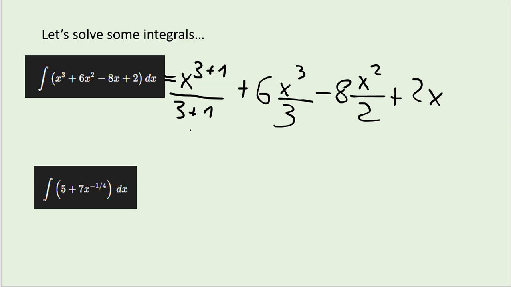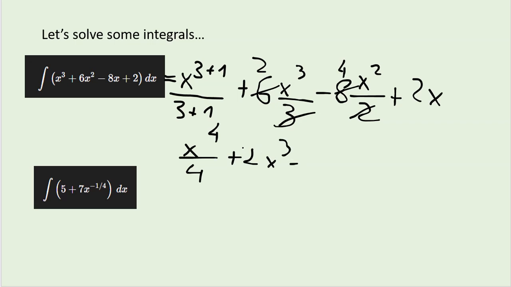What you can observe here is that we will simplify this, so it will be 2 here and here will be 4. So it's going to be 4x to the power of 4 over 4, plus 2x to the power of 3, minus 4x squared, plus 2x, plus c.